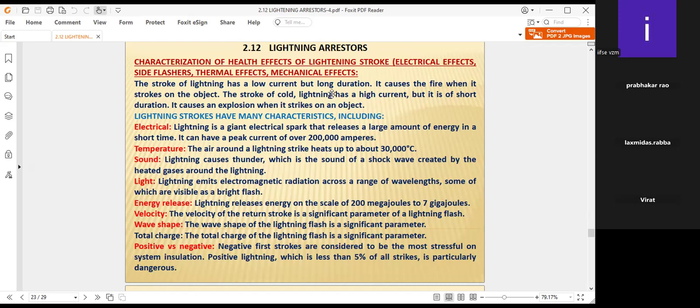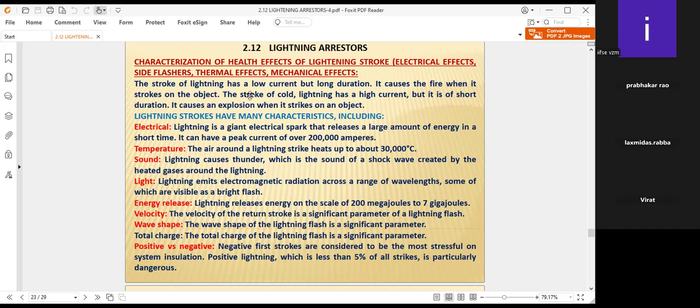This is about the duration. A stroke with low current but long duration causes fire. Though the current is low, the longer duration affects that object.